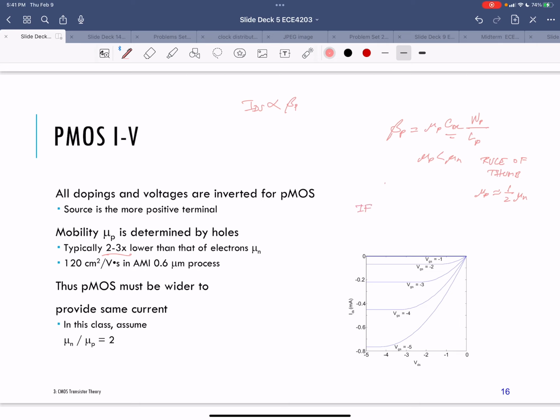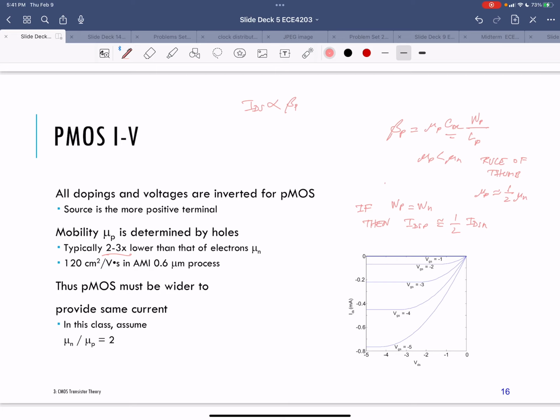Which means that if, in the same process, the width of your P transistor is the same as the width of the N transistor, then the IDS current of the P transistor is going to be about half the IDS current of the NMOS transistor. Again, it's just a rule of thumb.